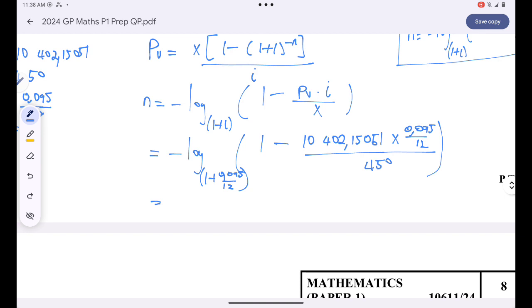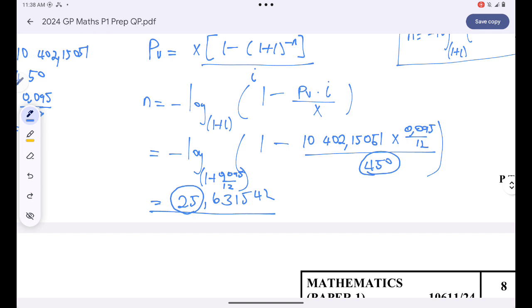So the answer, guys, is basically 25.631542. Since the number of months is not an integer, this simply means that for the first 25 months, Michaela will pay equal amounts of 450, and for the last month, Michaela will pay an amount which is less than 450.